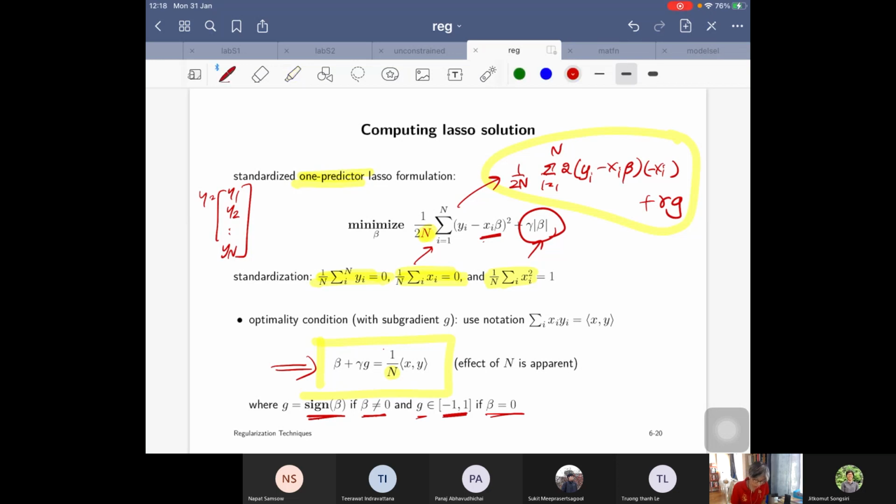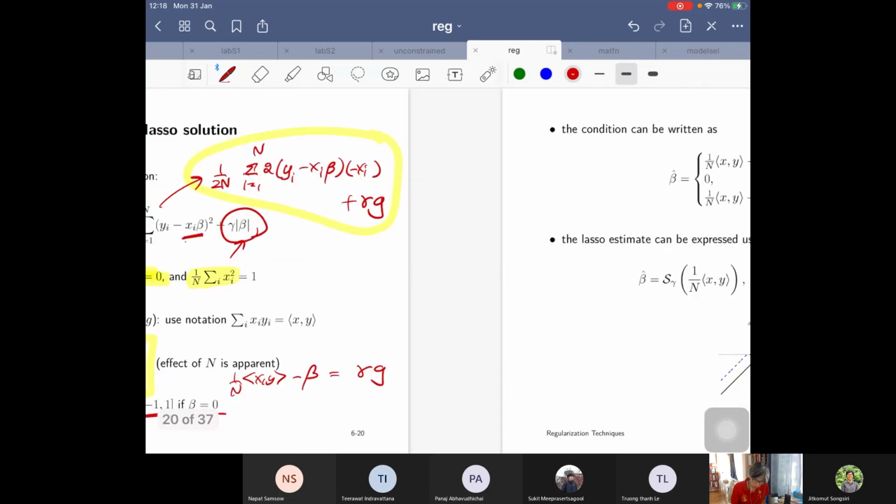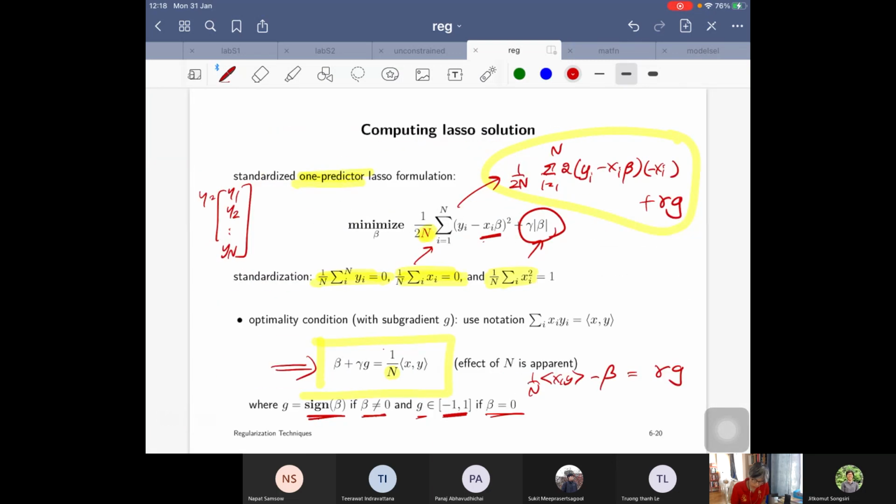Now let's take a look. I'm going to move things around. So I'm going to write these guys: minus beta equals gamma g. What do we see?